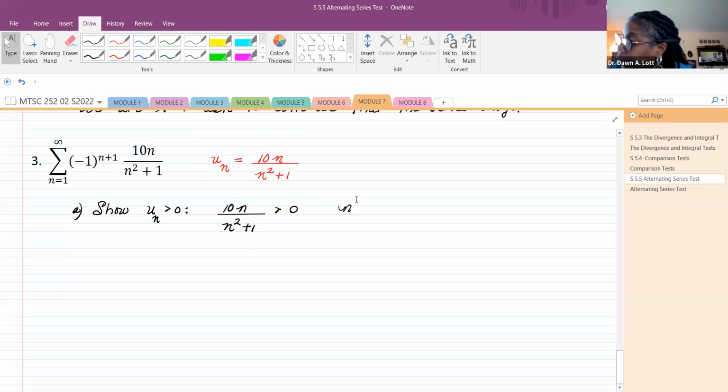Well, n squared plus 1 is positive. So I can multiply it and get 10n is greater than 0. I can divide by 10 and get n is greater than 0. And this is true since my series starts at n equals 1.